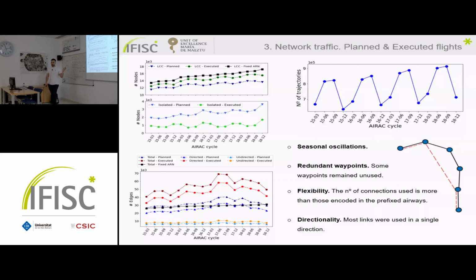And this is explained by the fact that actual trajectories are subjected to possible deviations, as I mentioned earlier. And finally, most of the links were used in a single direction. So when one analyzes this kind of system, it's important to take into account whether you are considering the underlying route structure we have seen before, or the flight trajectories operating over the system.